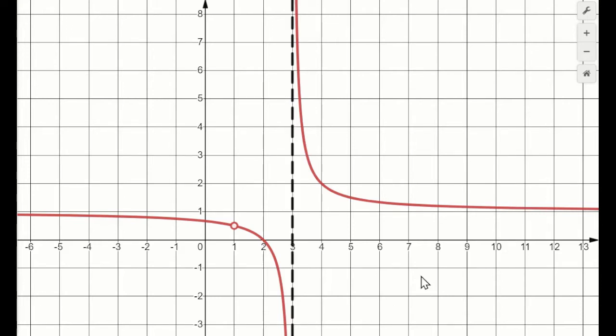Let me put in the vertical asymptote to make the story clear. So we have one interval, a second very small interval, and the third on the right-hand side of that vertical asymptote.